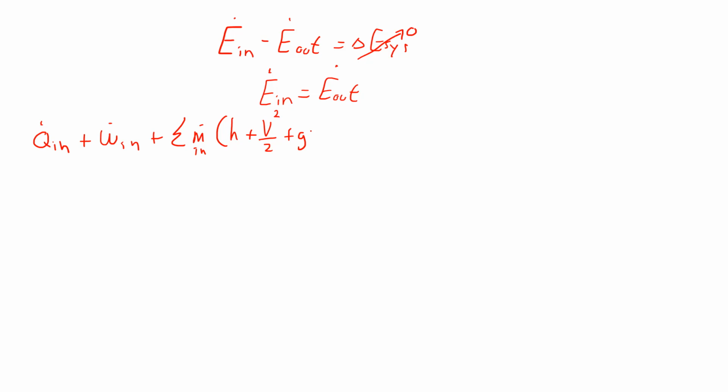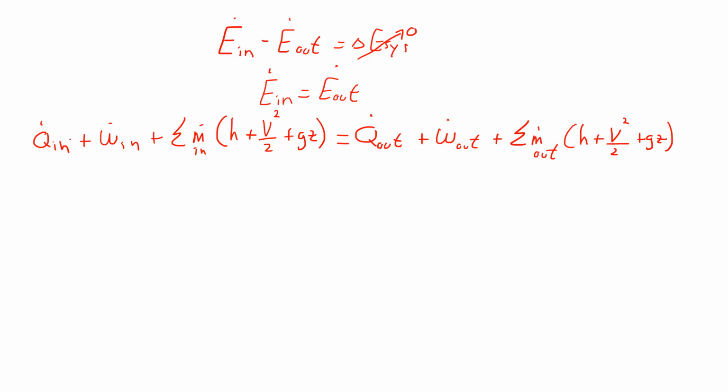And potential energy equals energy out by heat plus work out plus the sum of all mass flows out times each mass flow's enthalpy, kinetic energy, and potential energy.